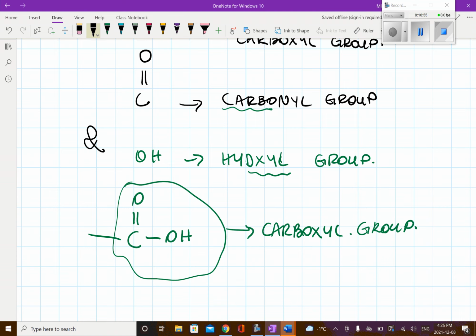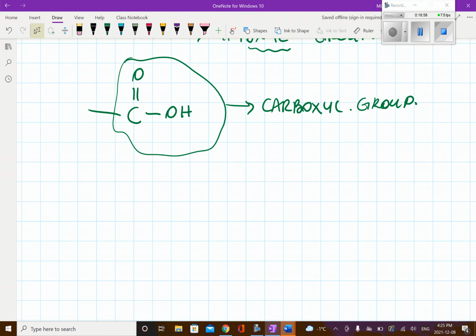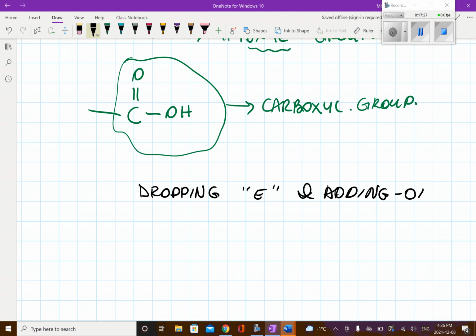So naming them will be dropping the E of, let's say, methane, and adding OIC, oic acid, of course, to indicate that you are dealing with an acid.